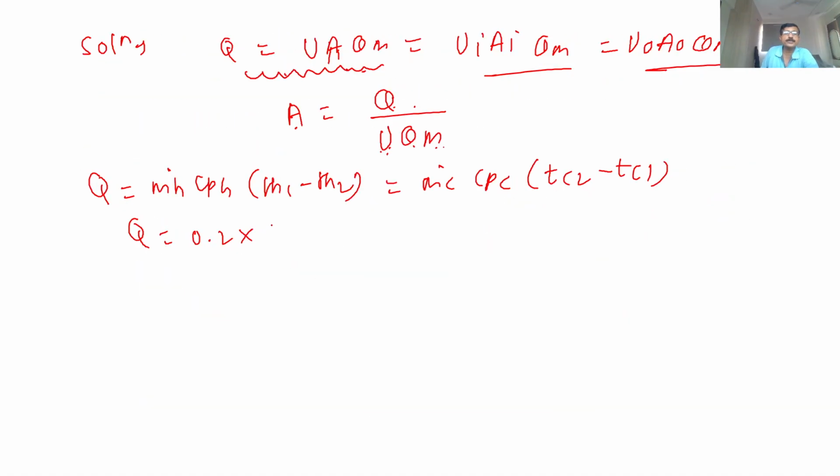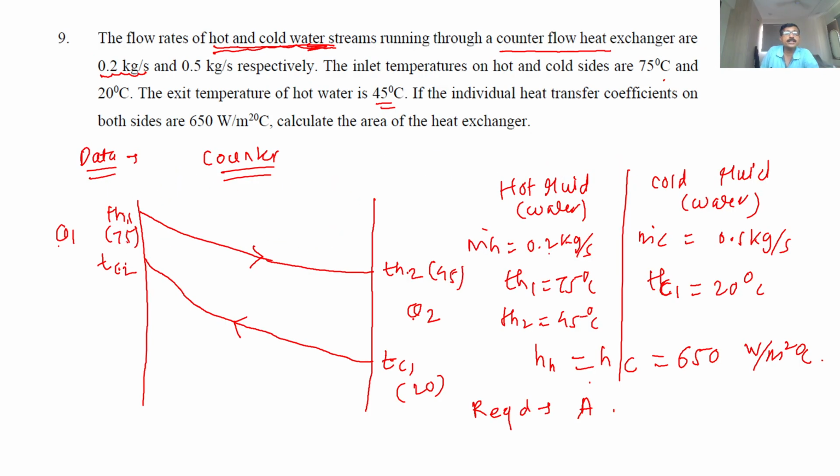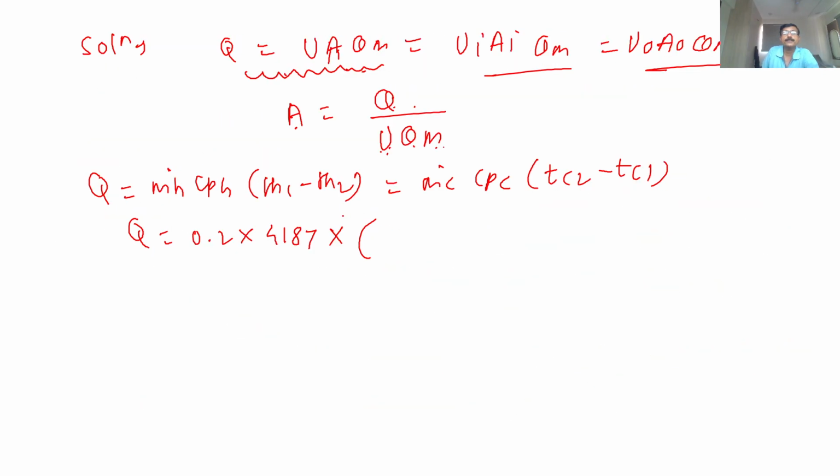So what is the water specific heat? 4187 into (Th1 minus Th2). Th1 कितना है 75, Th2 कितना है 45. 75 minus 45. If I calculate this, I will get the answer of Q as 25.12 into 10 raised to 3 watt.